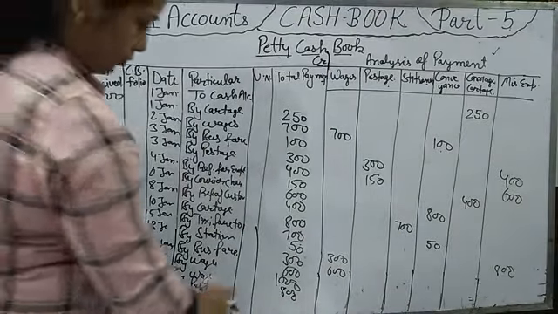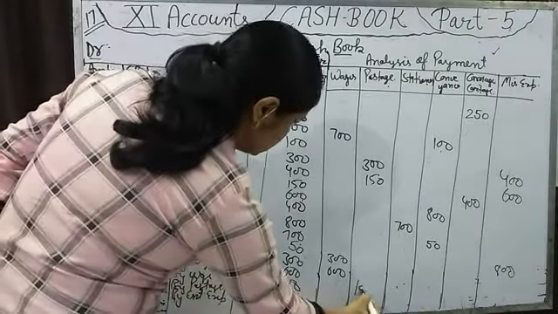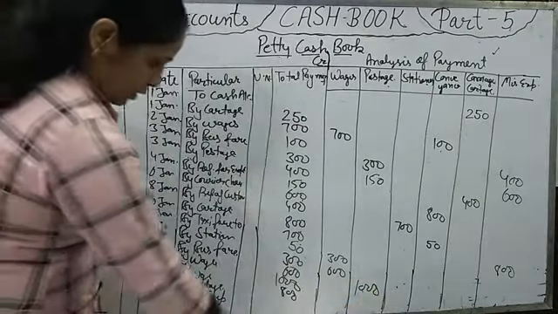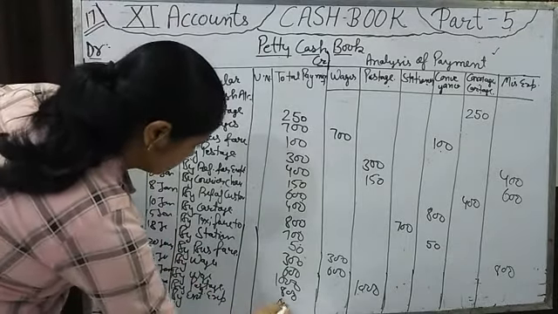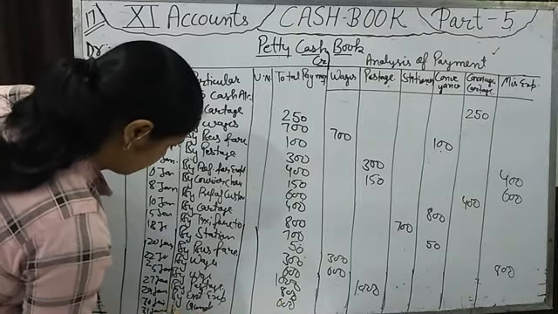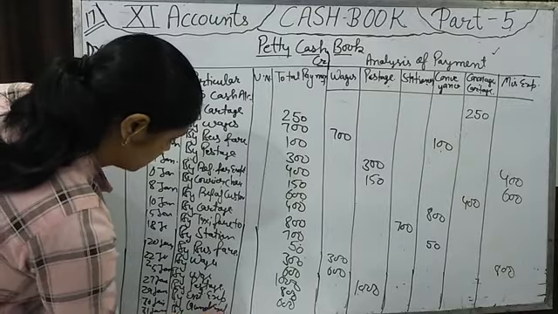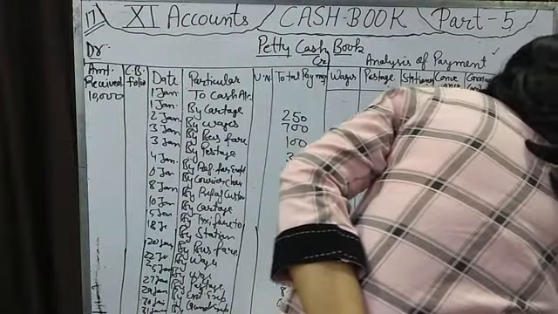Okay. That 1000 rupees of postage. Then laundry expense 600 rupees. Buy laundry expense, that will also come in the miscellaneous expenditure.